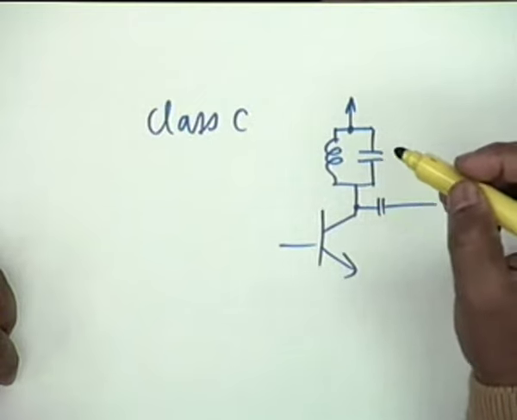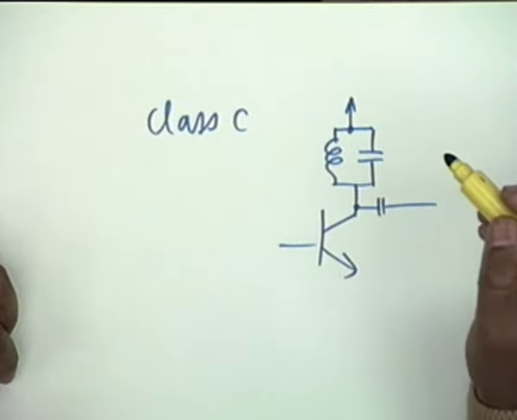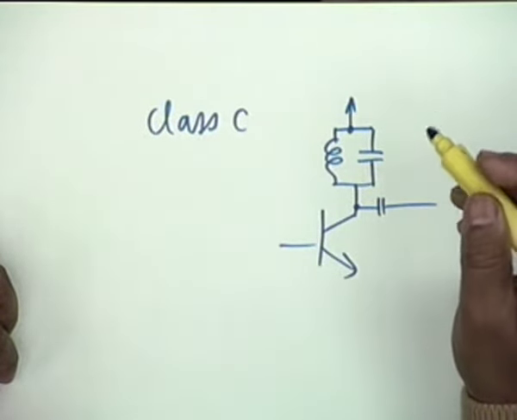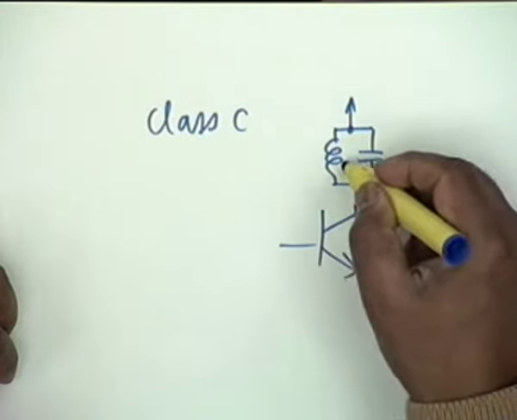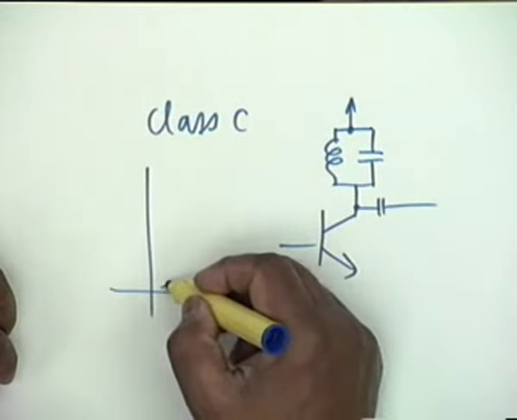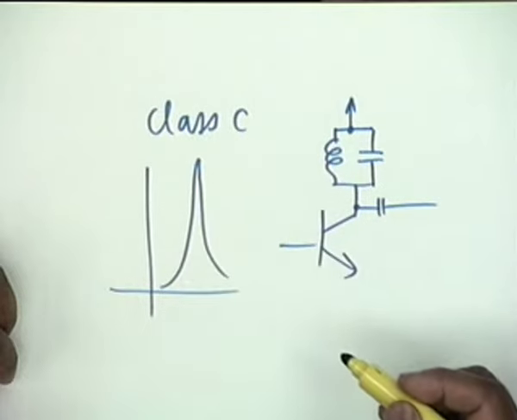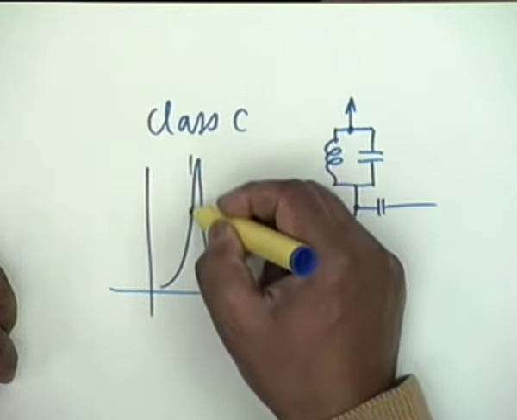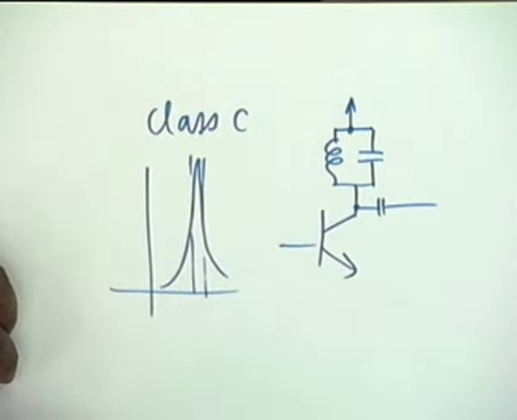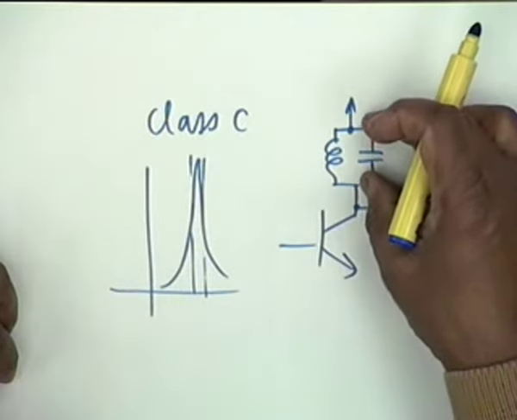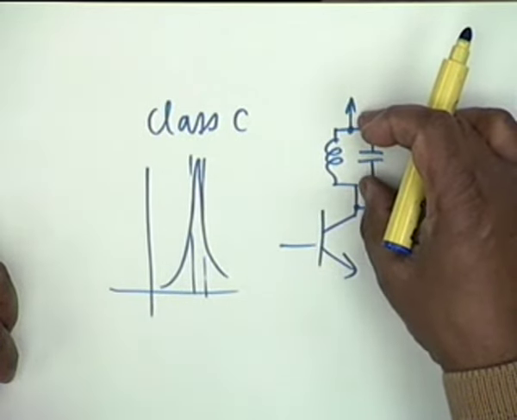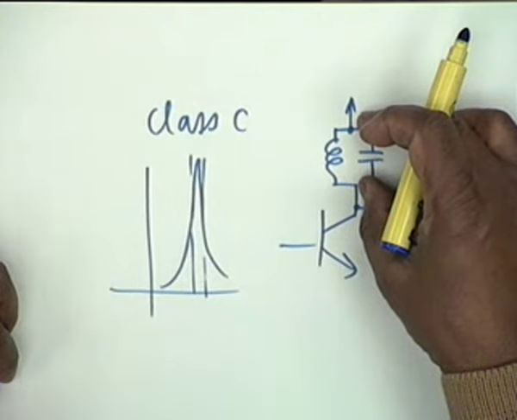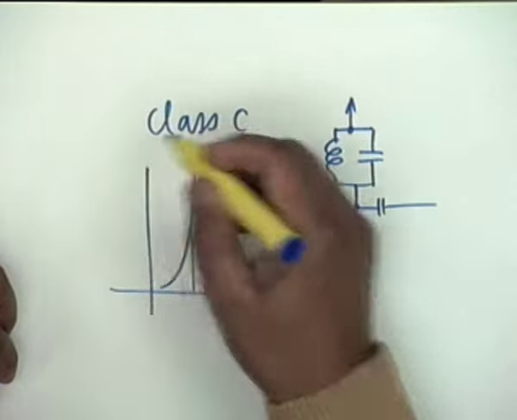The tuned circuit has the property that it is a band pass filter. If the Q is very high, then the tuned circuit response would be something like this. So it is only a band of frequencies around the center frequency which would be amplified by this amplifier.